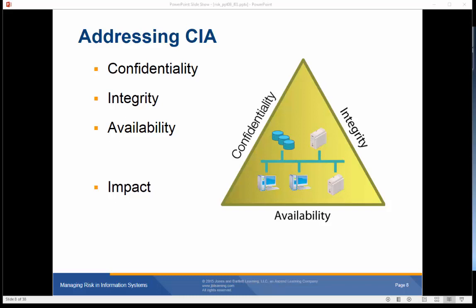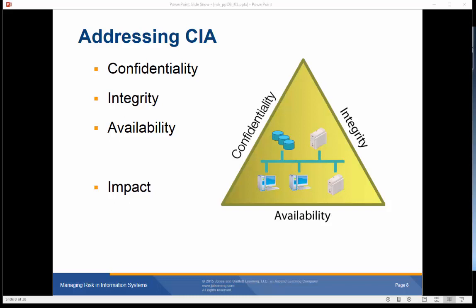Data should be available only to authorized users. Loss of confidentiality occurs when data is accessed by someone who should not have access to it. Data is protected using access controls and encryption technologies.